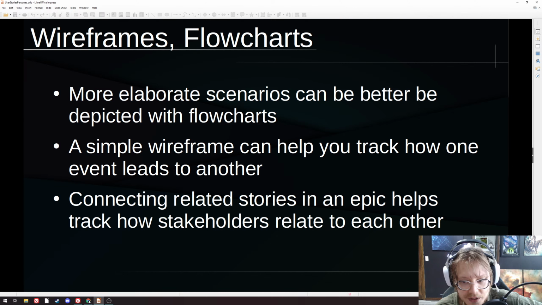A simple wireframe can help you track how one event leads to another, and connecting related stories together into an epic can help you keep track of how different stakeholders relate to one another. So you can not just connect things in terms of how they sequence, like flowcharts do, but also connect like this story relates to this one. That's where the wireframe kind of comes in to let you connect things that are related in ways other than by time.